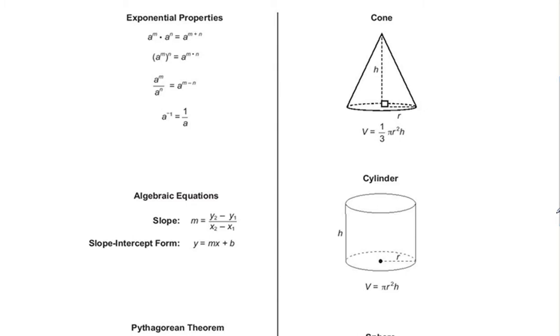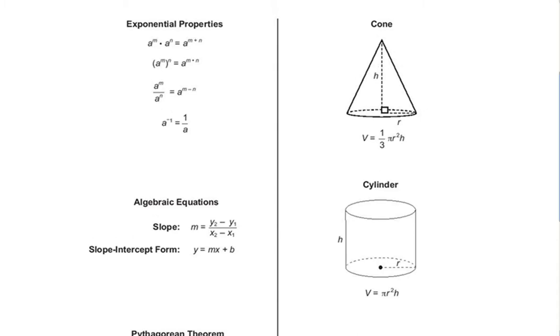It had conversions from like feet to inches, miles, gallons, quarts, pounds, tons. It had changing from Celsius to Fahrenheit. It had Pythagorean theorem. It had a whole bunch of stuff. They've really reduced the amount of stuff on here.